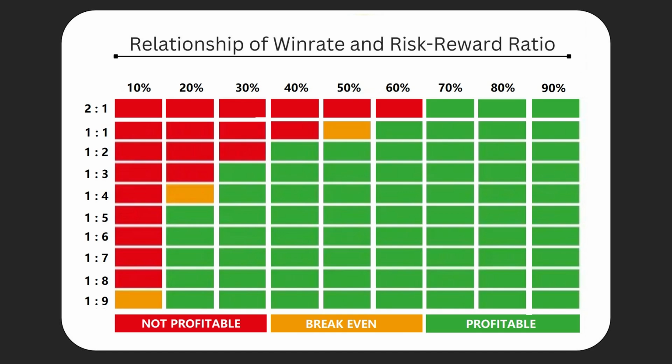It means that if I have a 1 to 3 risk to reward ratio, even if I take 100 trades, right, and I lose 70 trades out of those 100 trades, I'll still be profitable at the end of that set of data. I would have to only win 30 trades out of 100 trades to be profitable, right?